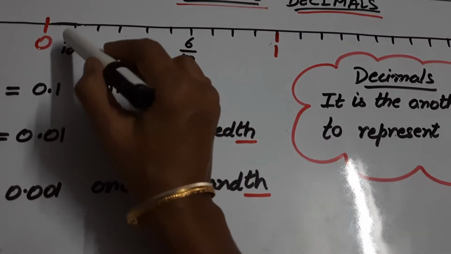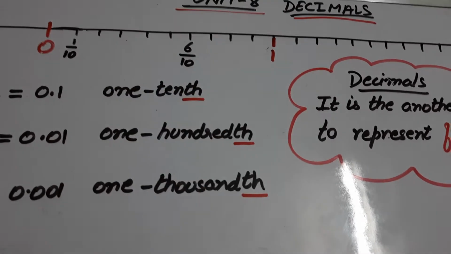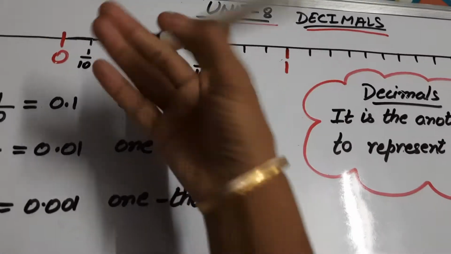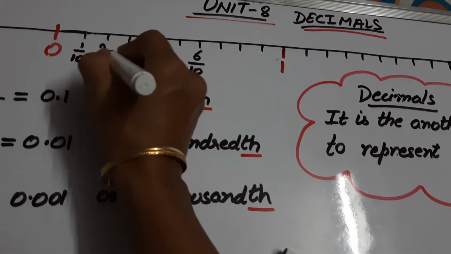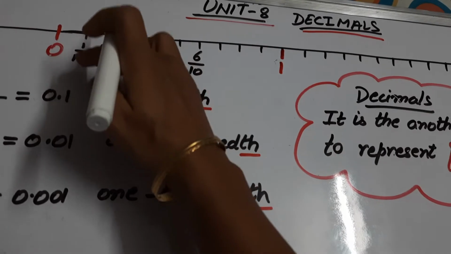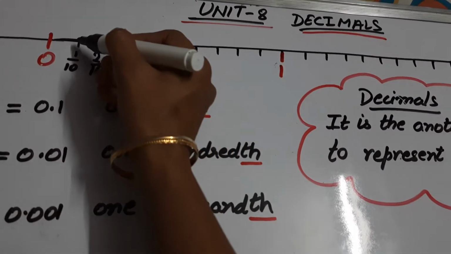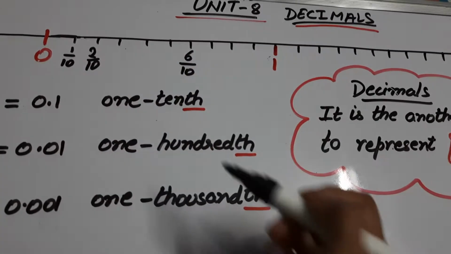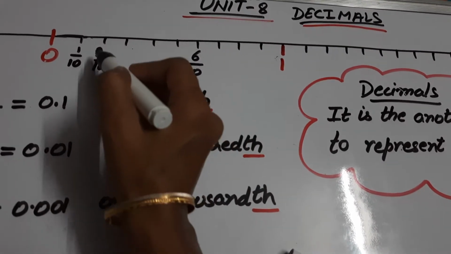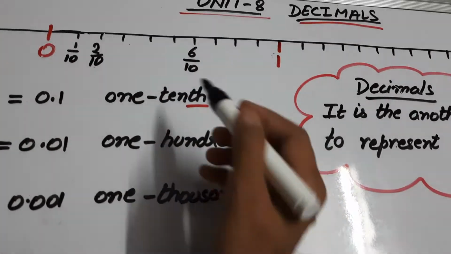Now the first part of this division can be written as 1 by 10. We can write the second part as 2 by 10, meaning 2/10. 1/10 means out of 10 parts, this is covering 1 part. Out of 10 parts, this point covers 2 parts.